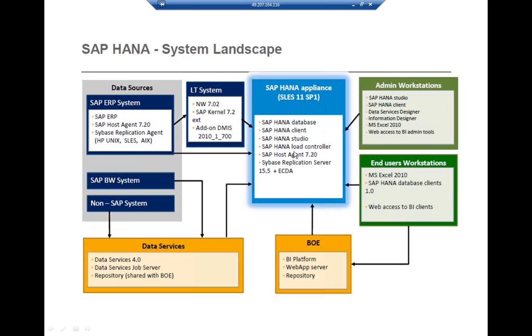Most companies prefer BusinessObjects reporting, because BusinessObjects is not one single reporting tool, it's a suite of reporting tools. If they are going with BO reporting, they need to maintain this BusinessObjects Enterprise server, BOE. So that's why the BusinessObjects Enterprise is also shown here.